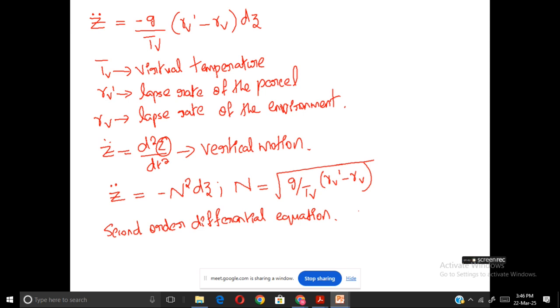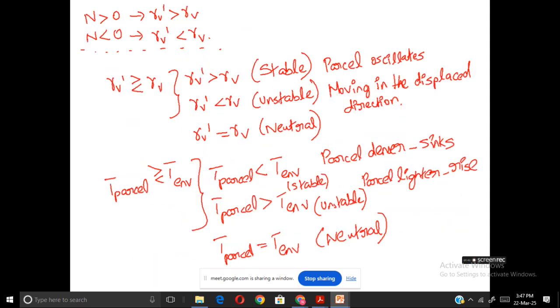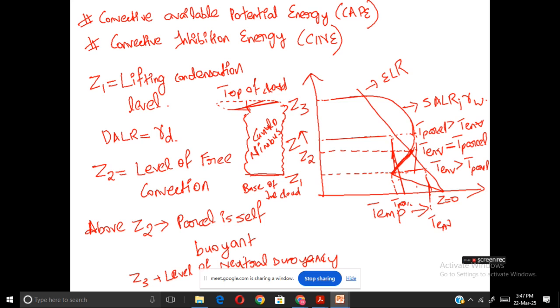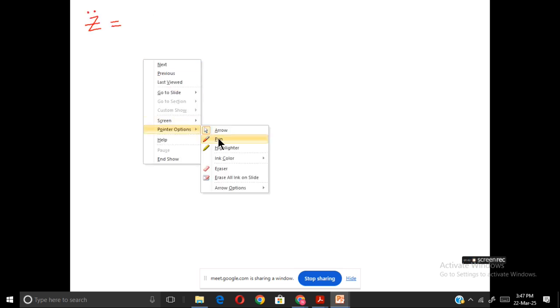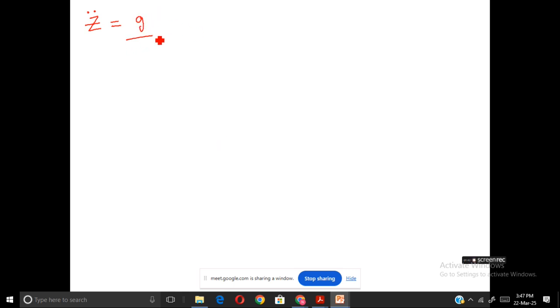Z double dot is given by minus g by Tv into (gamma v dash minus gamma v) into dz. If we take the minus inside, it will become Z double dot is equal to g by Tv into (gamma v minus gamma v dash) into dz.